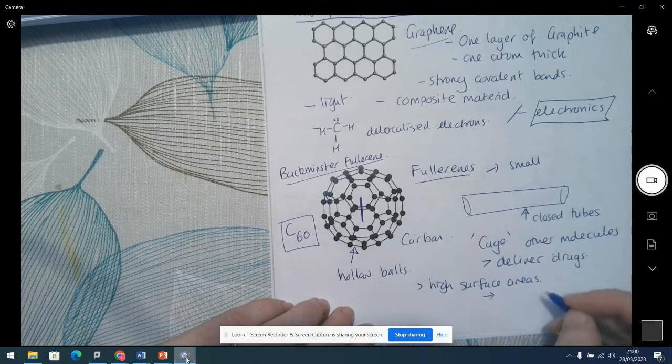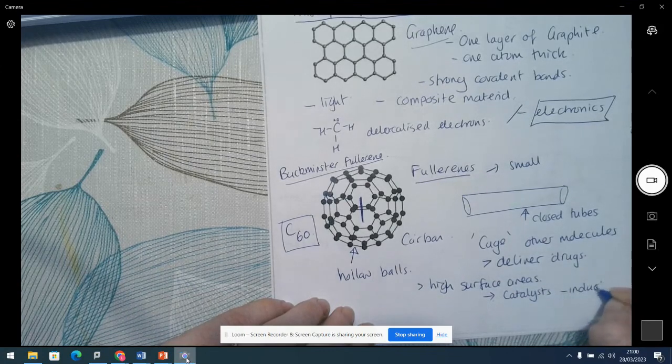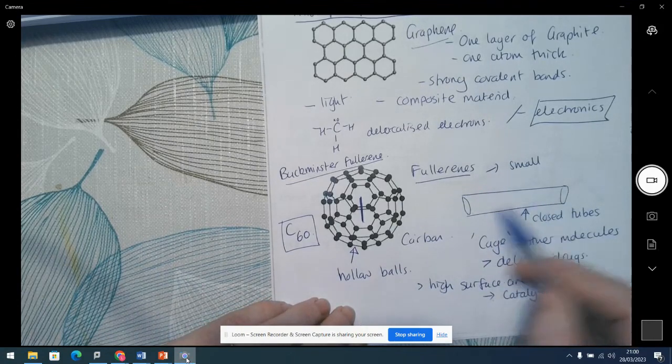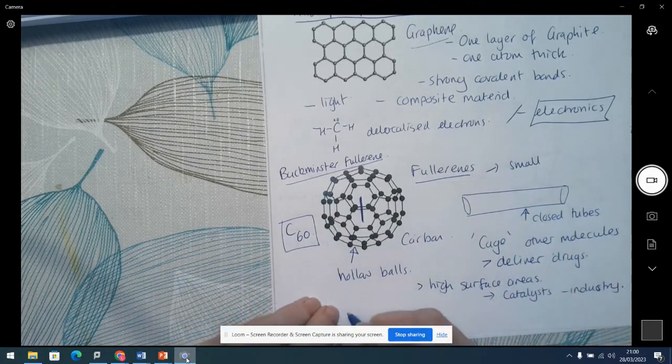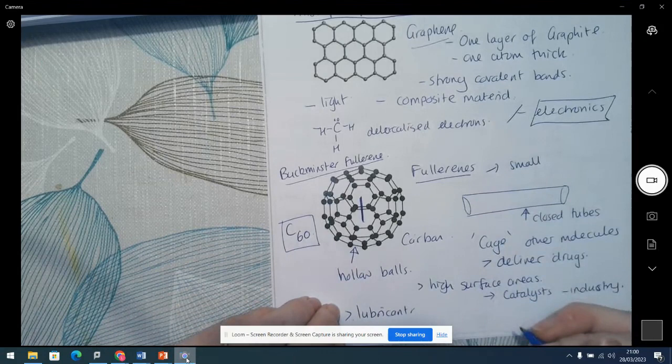And this is why they're usually used as catalysts as well in industry. And we know from paper 2 that catalysts speed up chemical reactions. And obviously we've got a tube shape here, which means they can also be used as lubricants because they can slide due to the shape.